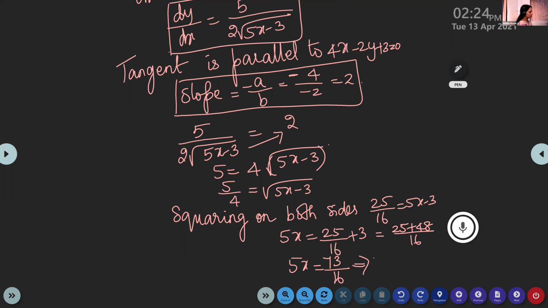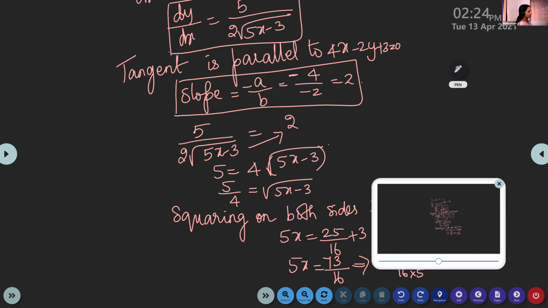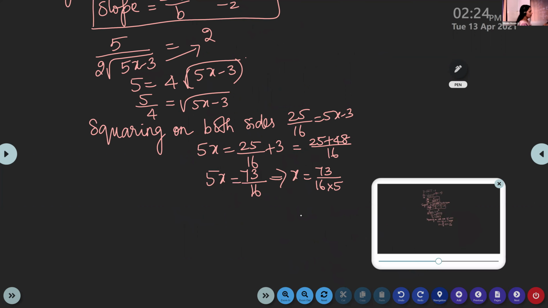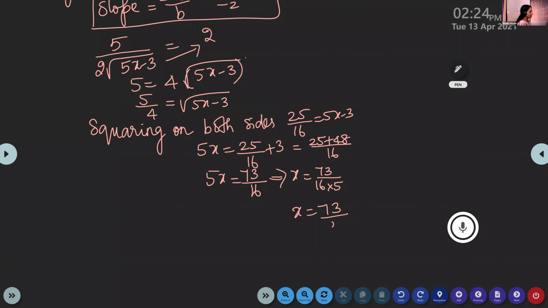Okay, so from here, what is x? 73 by, this one will go to the denominator, 16 into 5. So x is equal to 73 by 80.